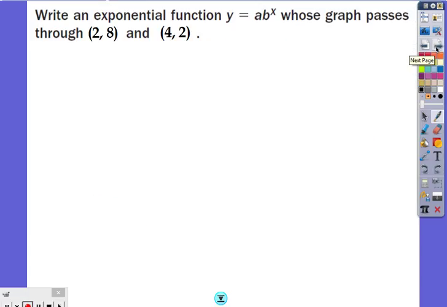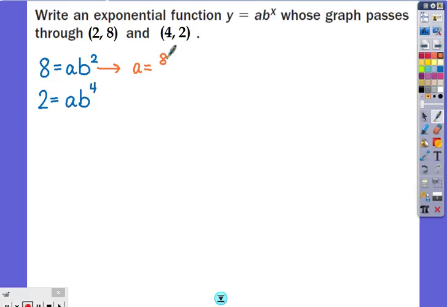I want you to try this one. I like to take the top equation and solve for a.